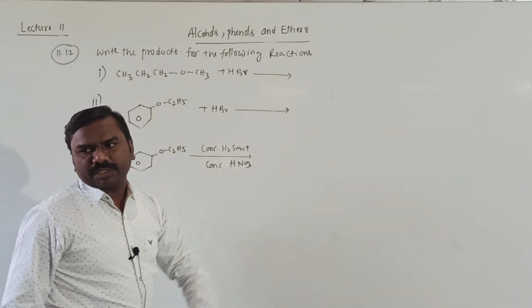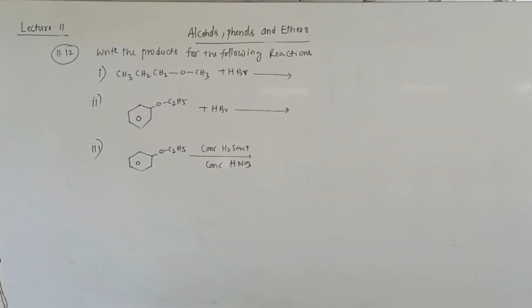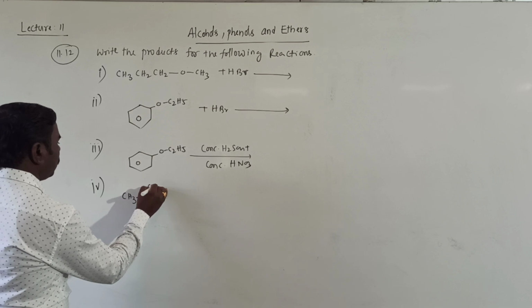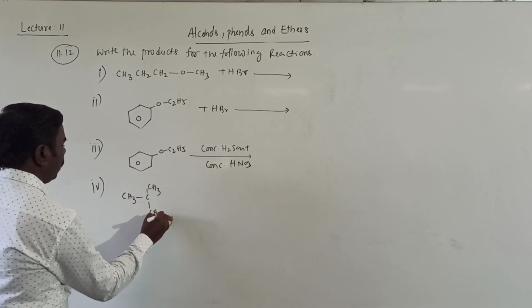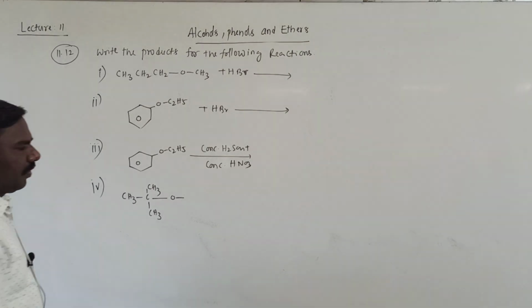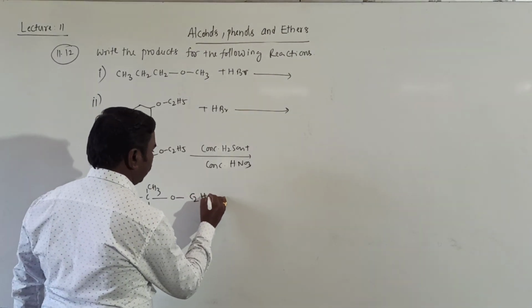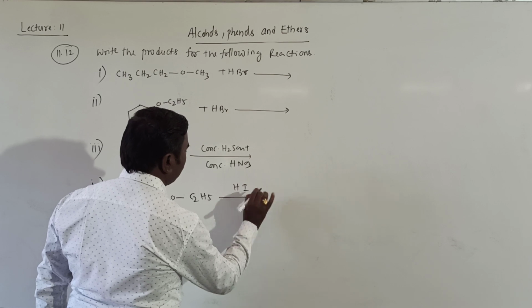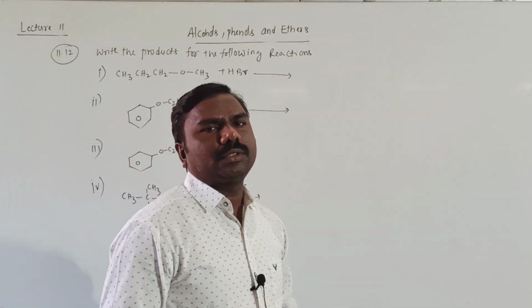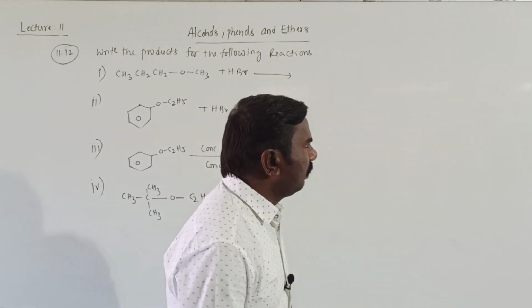What is the product? And the fourth one is CH3-O-C2H5 reacting with only one HI, what is the product? So these are the 5 questions, students, very very important. So we will write the answers.